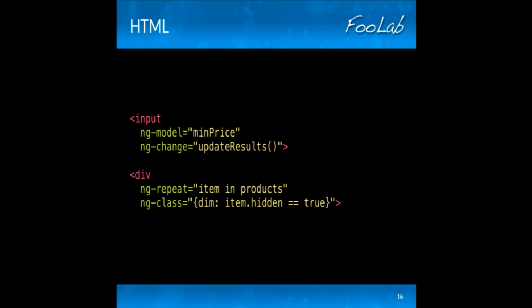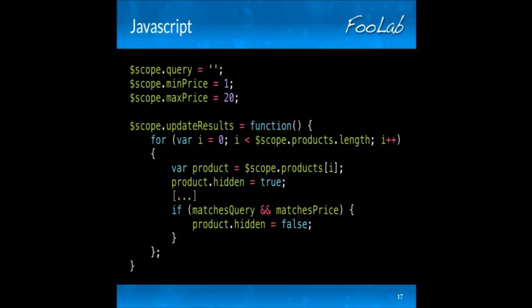So where do I set the item hidden? That I do in the controller. So I have the query, minimum and maximum price, update results. I hid some of the logic because otherwise the slide would be too long. Basically I go through all the products, and refer to that query or minimum or maximum price to calculate whether it matches the query and the price range.